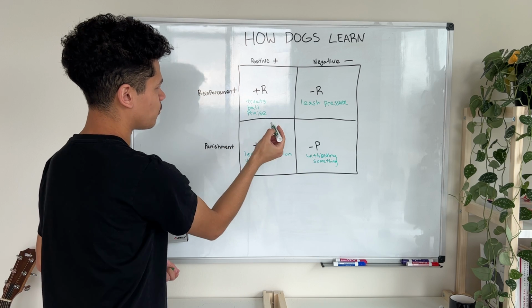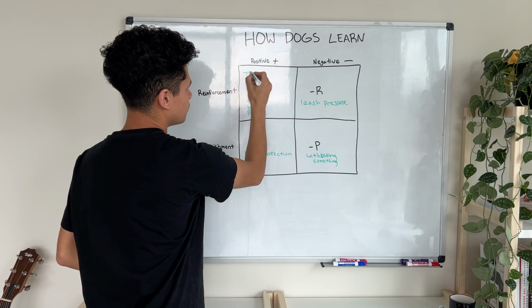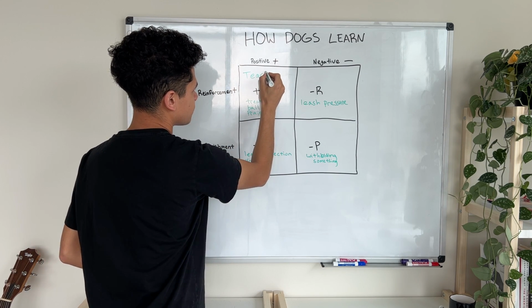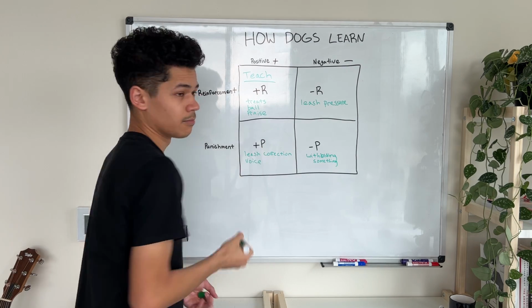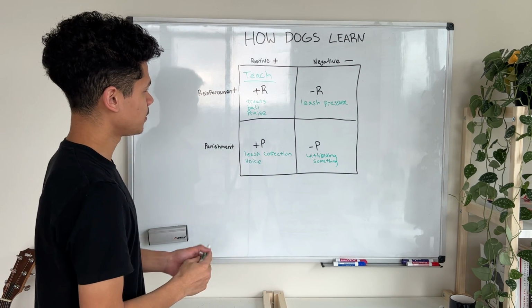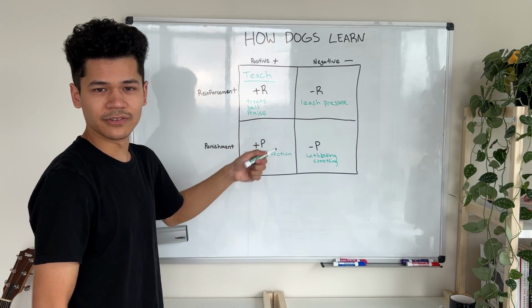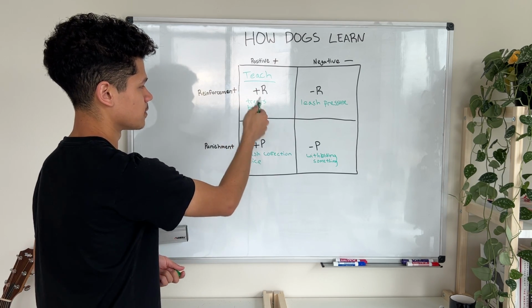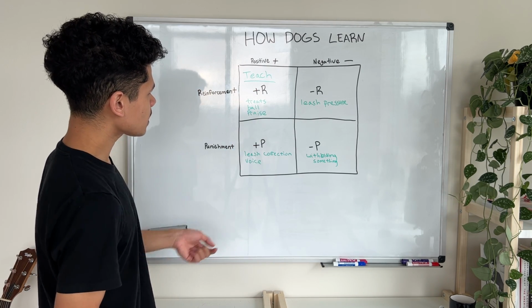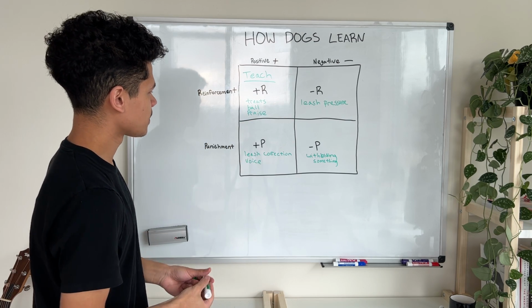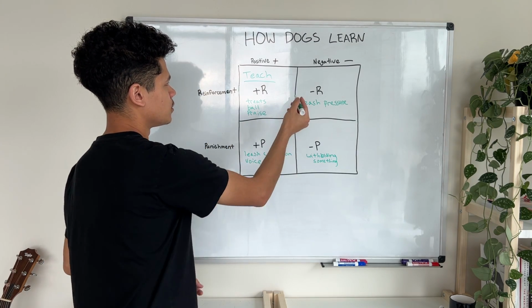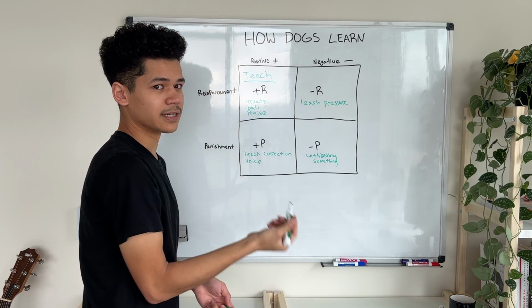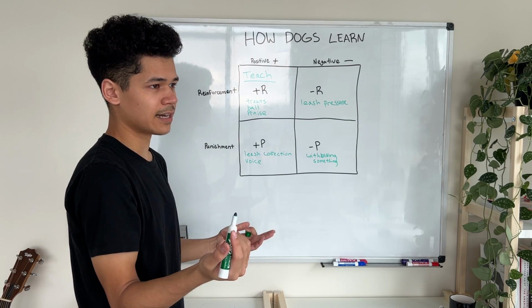So positive reinforcement, this is what we use to teach pretty much everything. Pretty much every new behavior, every new position, every new anything is taught with positive reinforcement. And then negative reinforcement is used to create obligation around high distraction environments.